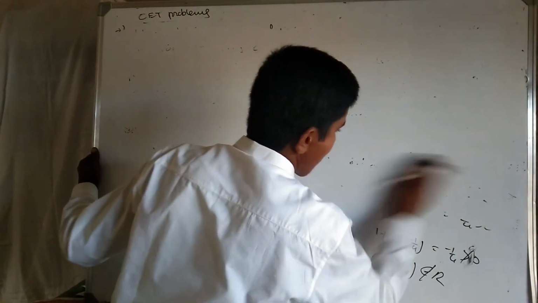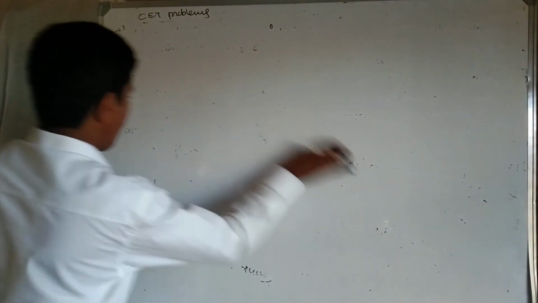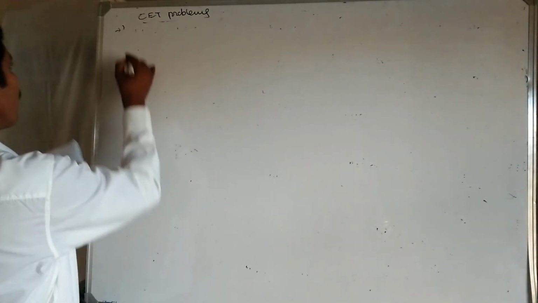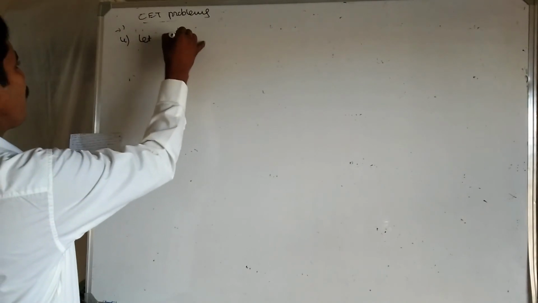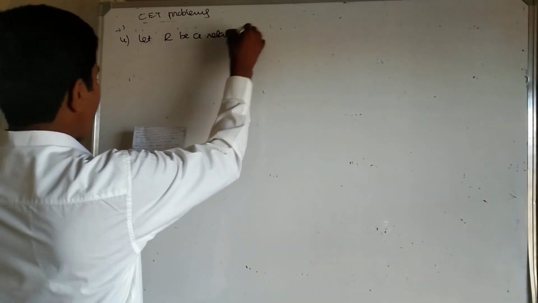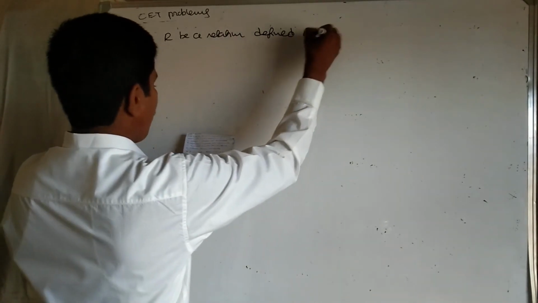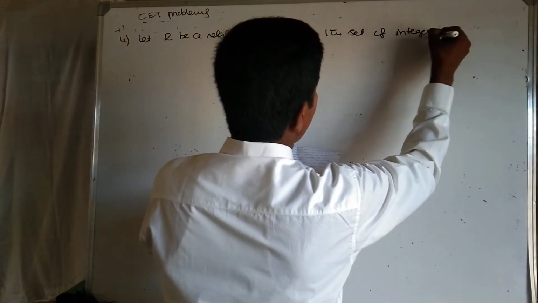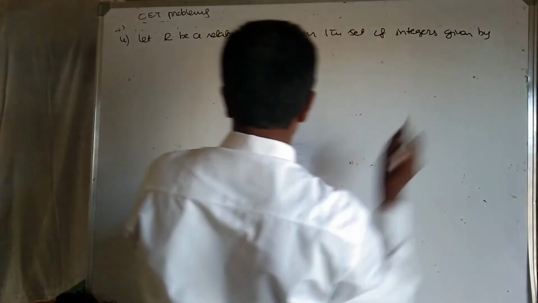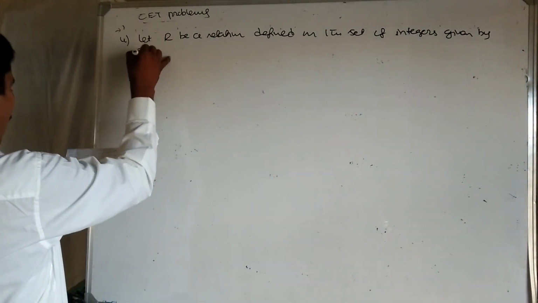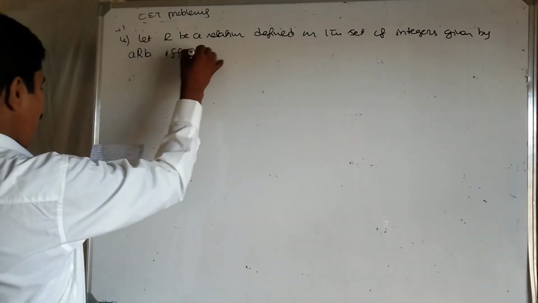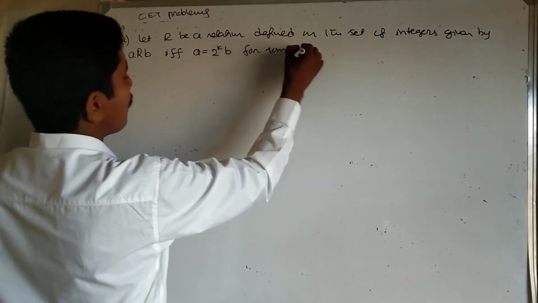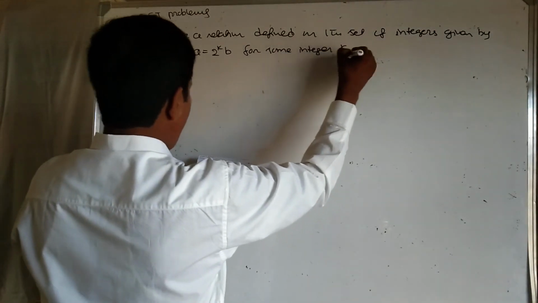Fourth problem. Let R be a relation defined on the set of integers given by A R B if and only if A equals 2 power k into B for some integer k.